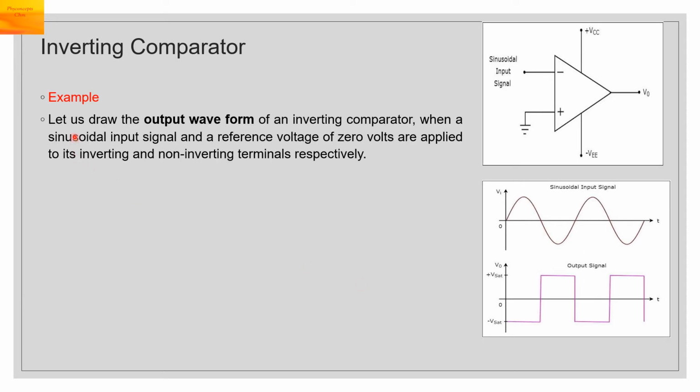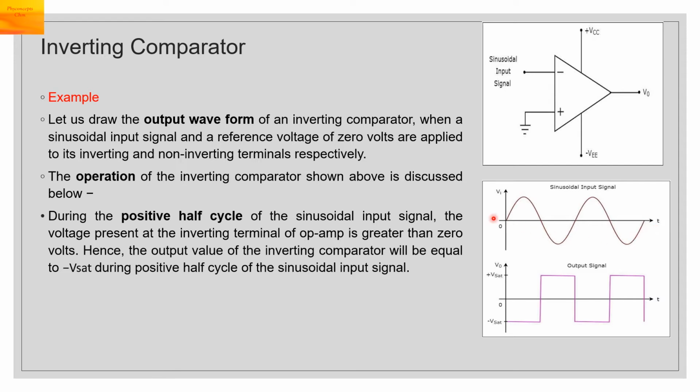We can take an example. Here the output waveform is drawn when a sinusoidal input signal is applied, and the reference voltage we are taking here as 0 volts. So we'll see that operation. During the positive half cycle of the sinusoidal input signal, the voltage present at the inverting terminal of the op-amp is greater than the reference voltage, which is 0.